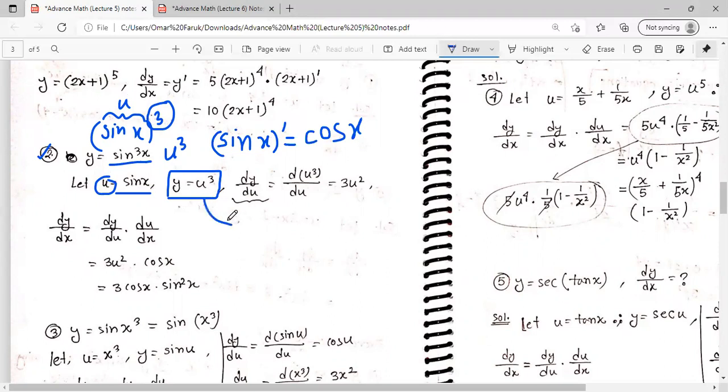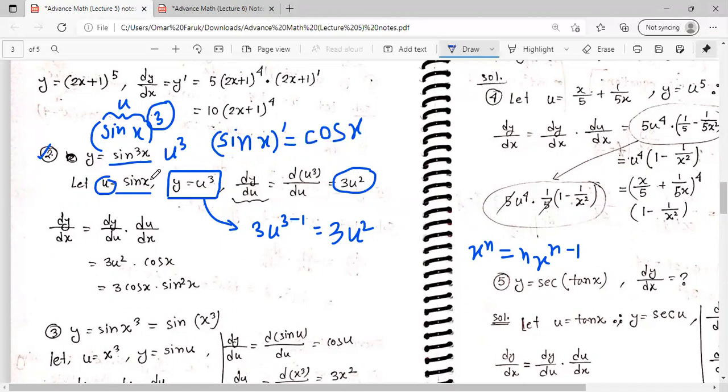Now, if we calculate the derivative of the outer function, it will be 3u to the power 3 minus 1. According to the rules, x to the power n has derivative n x to the power n minus 1. So it will make 3u square.